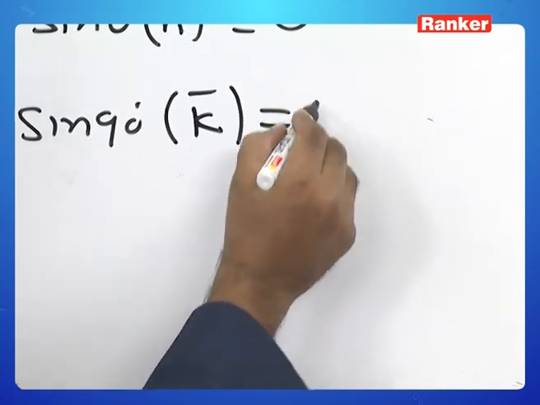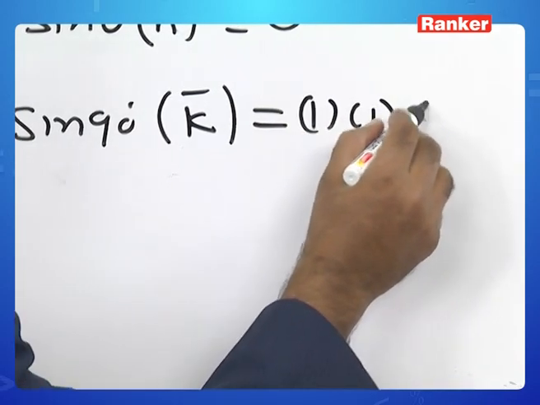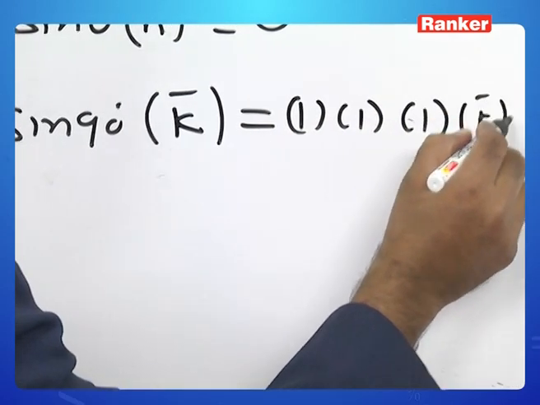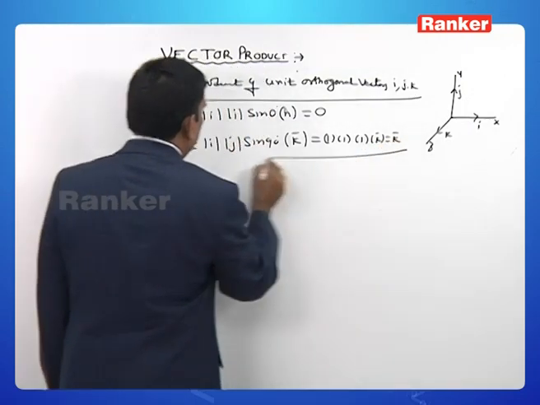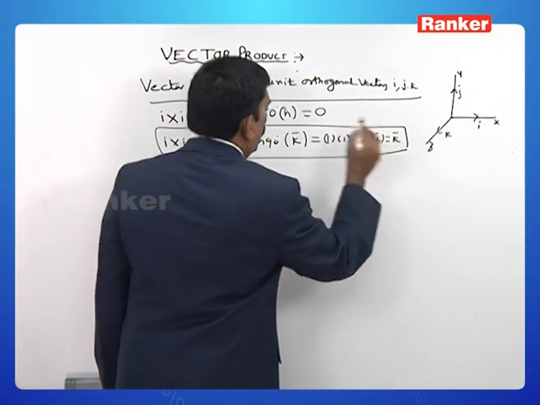Now I can write, 1 into K bar is equal to K. So what we proved?